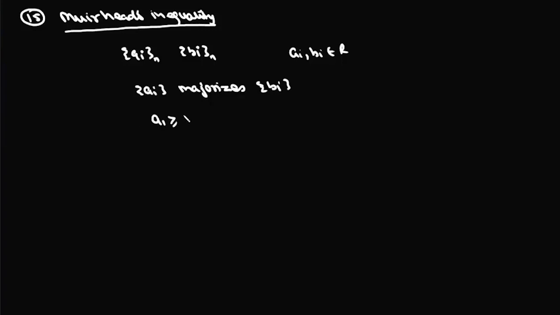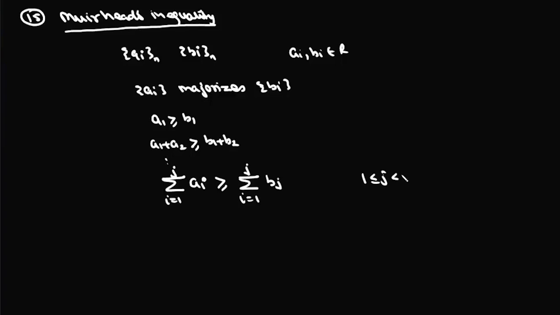a1 must be greater than or equal to b1. a1 plus a2 must be greater than or equal to b1 plus b2, or in general this summation of ai, where i varies from 1 to j, must be greater than or equal to this summation of bi, i varies from 1 to j, for all j lying between 1 and n, and this sum i varies from 1 to n ai must be equal to this sum i equals 1 to n bi.